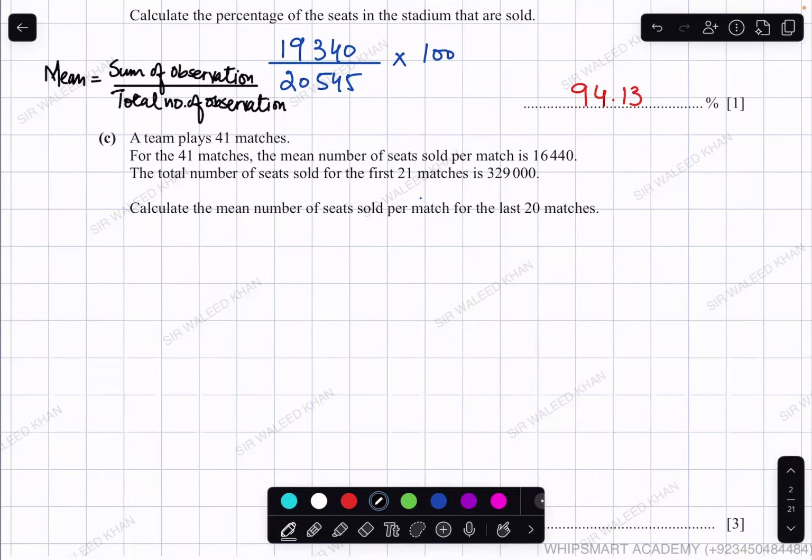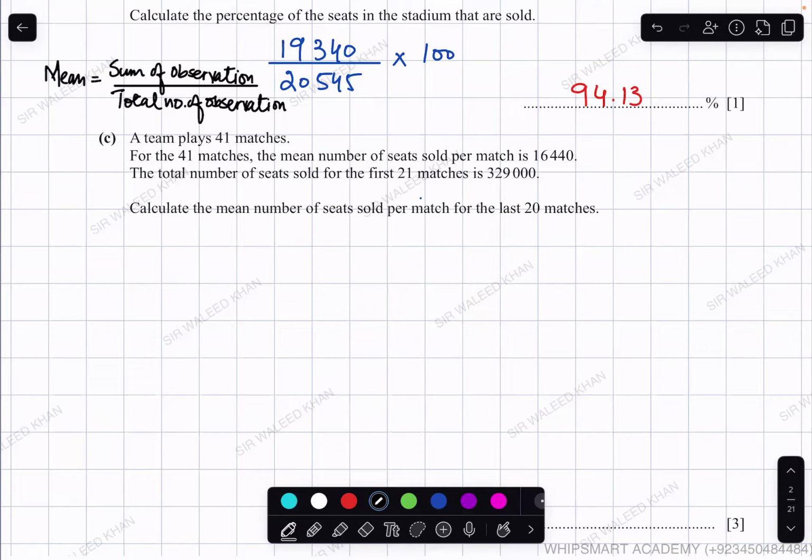We are obviously talking about matches, aren't we? Right? So how many matches were there in total? Read the statement again. What is the first line saying? 41 matches. So there were total 41 matches.